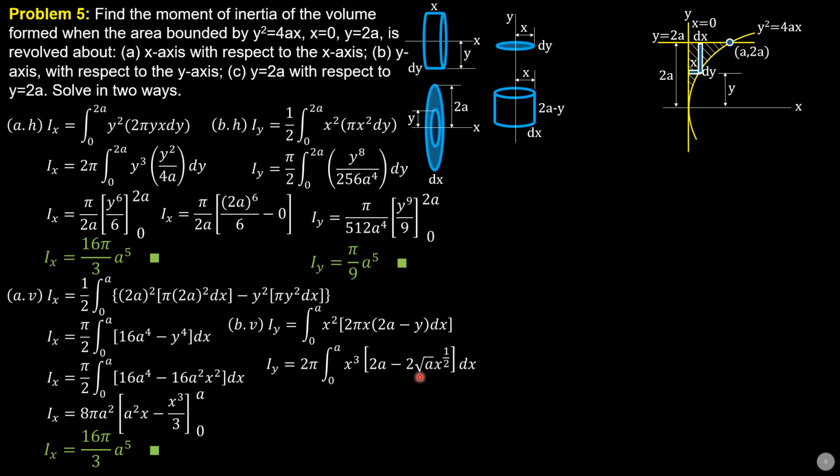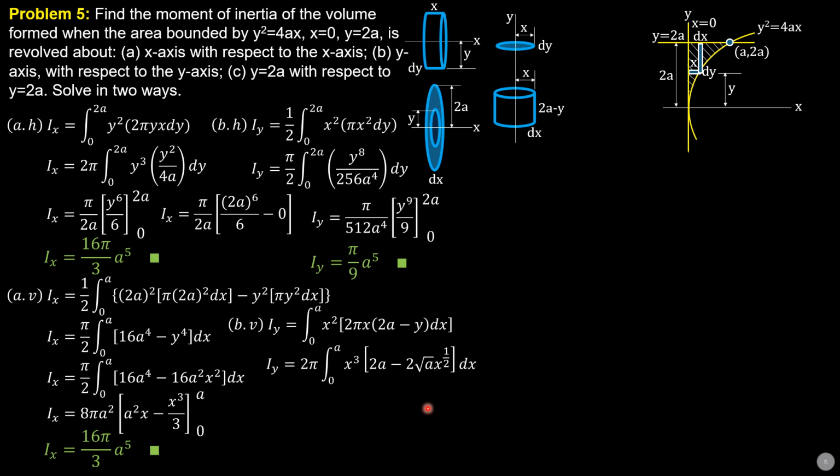So 4, because this is x cubed times x to the 1/2, which is x to the 7/2. Then the integral is x to the 9/2 over 9/2. So 2 times 2 over 9, 4 over 9 square root of a, x to the 9/2.